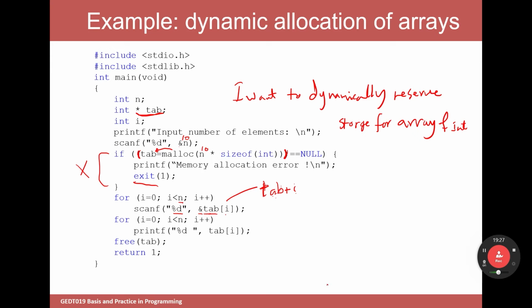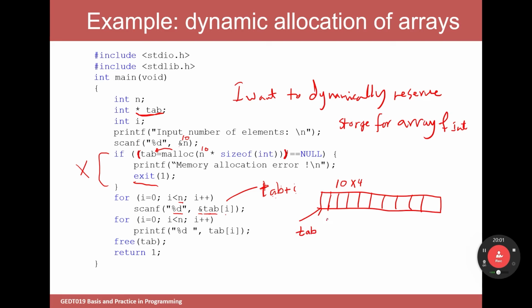So imagine this is an array of 10 elements, okay? Element number 1, 2, 3, 4, 5, 6, 7, 8, 9, 10. Because you reserved tab using malloc, malloc will reserve memory for 10 elements, or 10 times integer size. Integer size is 4, that means it will reserve 40 bytes, and it will create tab.